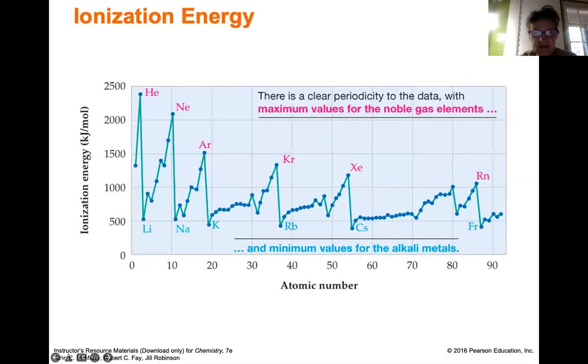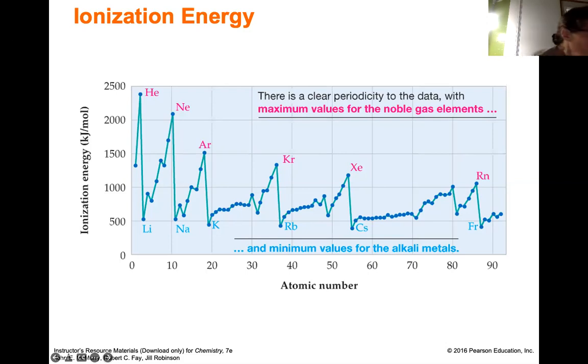So here are the trends in ionization energy. The trend is pretty much just related to the trend in size. If something is bigger, then it's going to be easier to take an electron off because it doesn't see the nucleus as clearly. Something really small like helium, the smallest atom, holds the electron really close, and so it's going to be hard to pull it off.